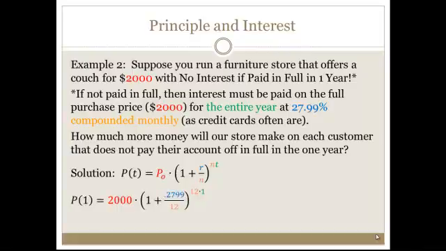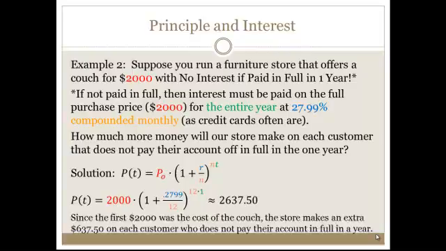So P(1) equals 2,000 times (1 + 0.2799 divided by 12), all to the 12 times 1. Evaluating this, we get $2,637.50. Since the first $2,000 was the cost of the couch, the store makes an extra $637.50 on each customer who does not pay their account in full in a year.